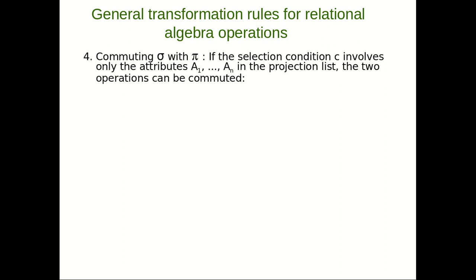Otherwise, it is not. That is, here the question is project of a1, a2, an followed by a select of C on R. That is, the condition is applied on R, then a project. Is it possible to write a select of C followed by pi? This is possible only if the condition C contains only attributes from a1, a2, an. From this list only, then it is possible.